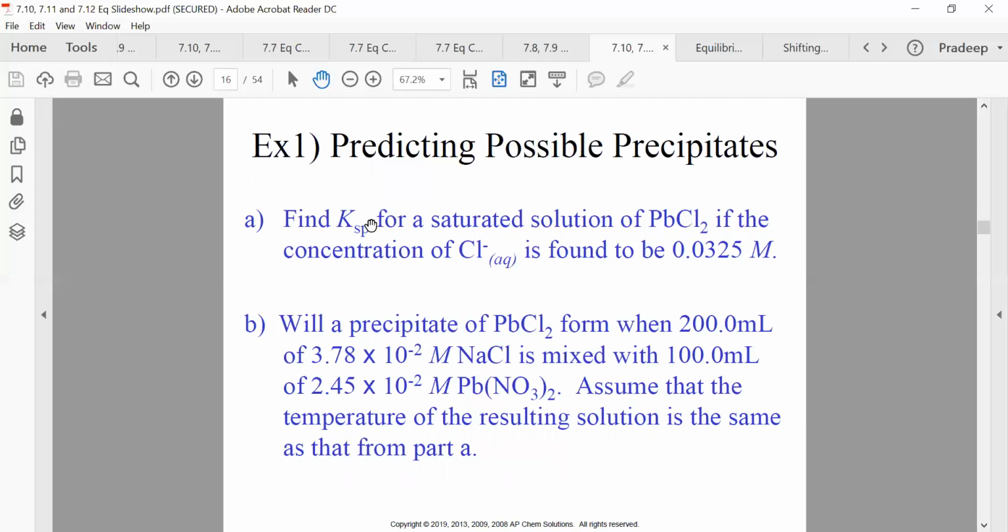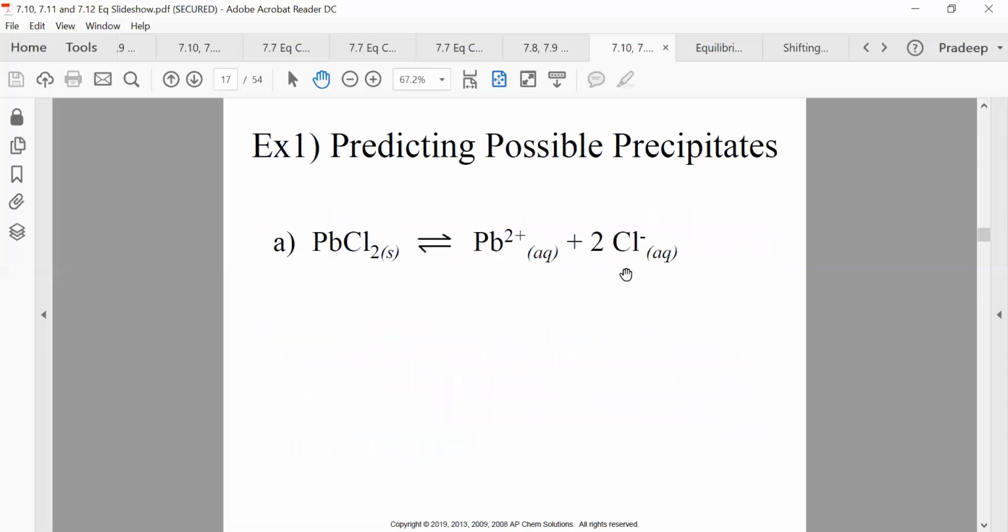So the first question is asking you to find the KSP value for a saturated solution of PbCl2, which means the solution is at equilibrium already. The concentration of Cl minus ions is found to be 0.0325 molar. So how would you do that?